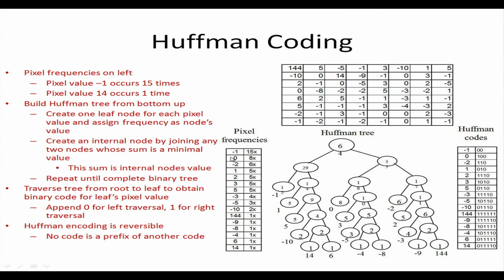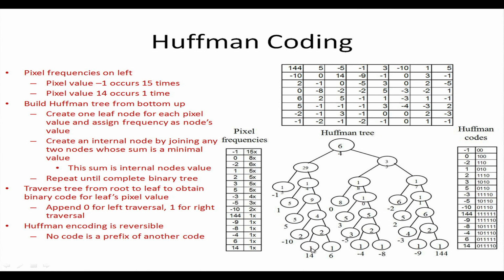All these 16 pixel values are made leaf nodes of this tree, -1, 1, 5, -10, 14, 6, all of them. And we assign the frequency to these leaf nodes.